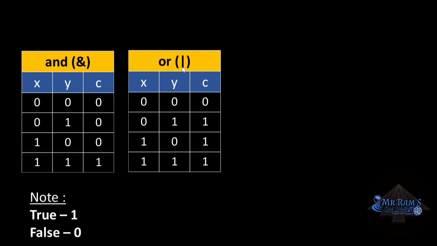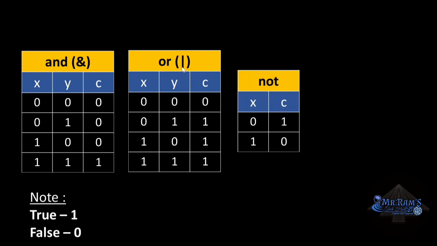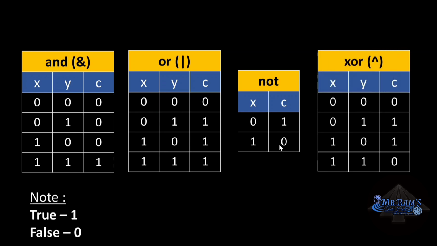Now in the same way, let's see not. Logical operation not: if the input is 0, the output is 1; if the input is 1, the output is 0. Reverse. Okay, this is about not. And also know about XOR, which is used in the bitwise operators. The caret symbol is used here.